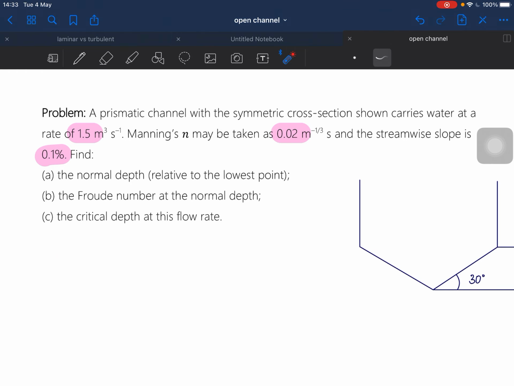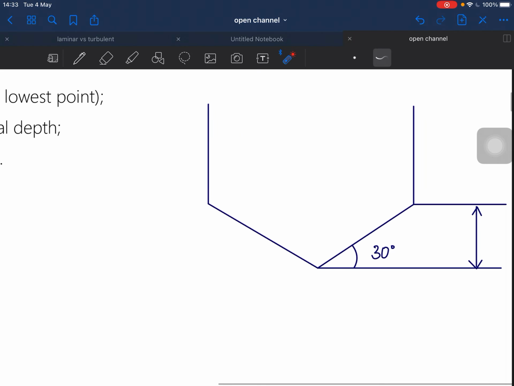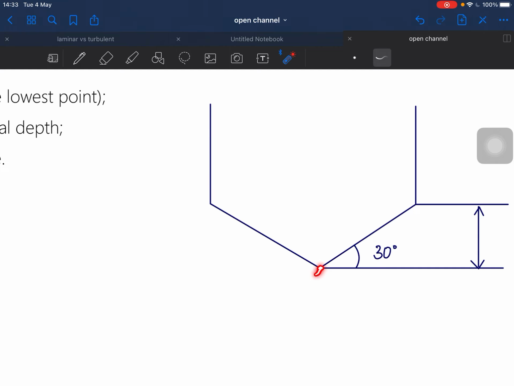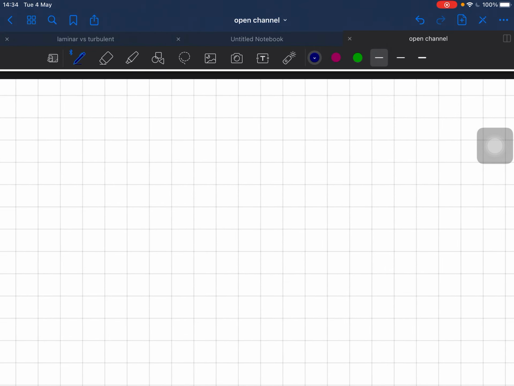Now let's break down the components. This is supposed to be in the center. I think it's not in the center; this one is longer, but this and this are supposed to be equal, right? Okay, I'll draw it on this one so we can be precise.